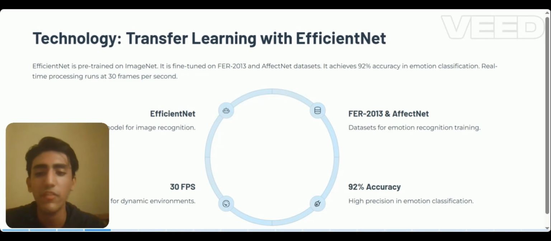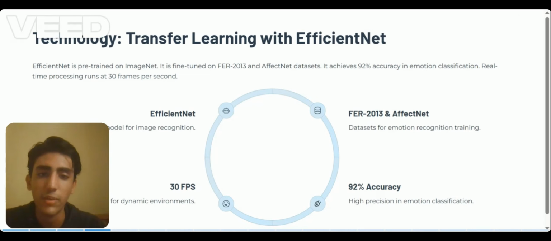So any slight changes in the facial expression will be detected well enough with 30 frames per second, while keeping the model lightweight and speedy enough, which is important. After all, you don't want delayed output from your system. That can be problematic over here, right?